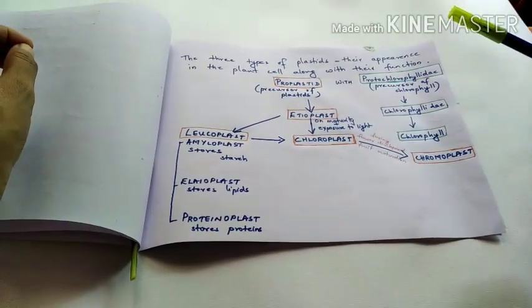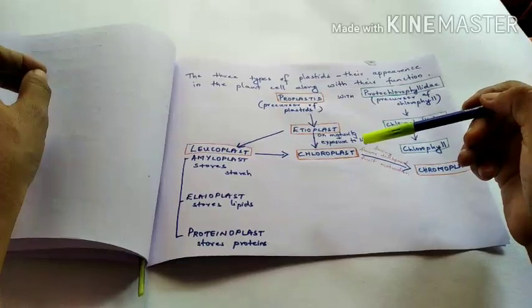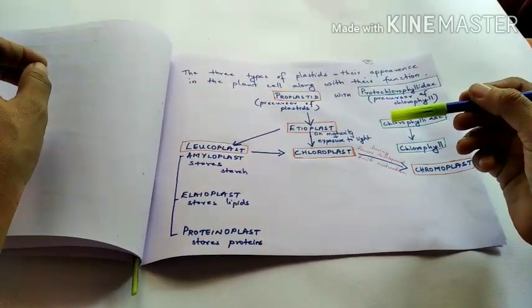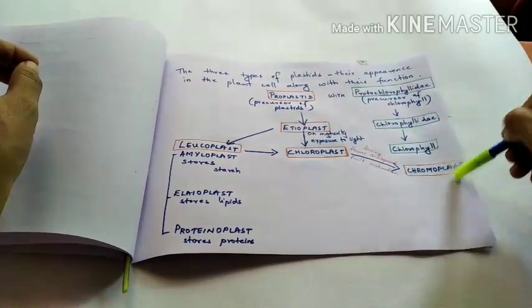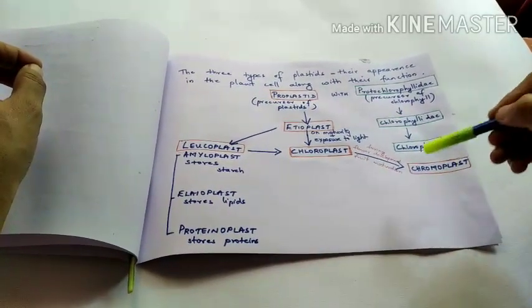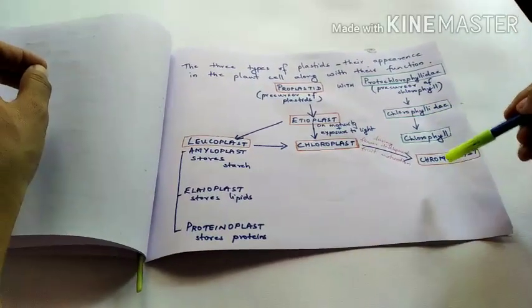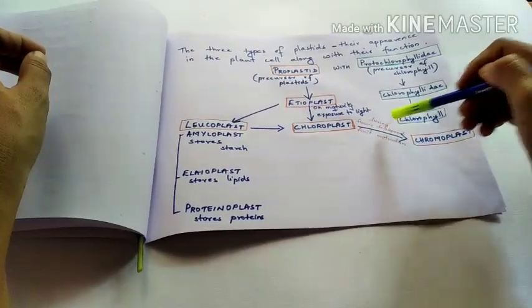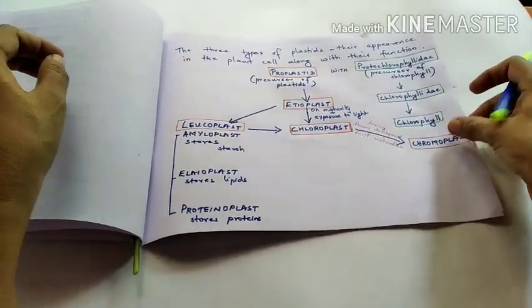The chloroplast has within it the green-colored pigment chlorophyll in sacs called thylakoids, whereas the chromoplast develops from the chloroplast. That is, a transition takes place from the chloroplast to the chromoplast during flower development or during fruit maturation.